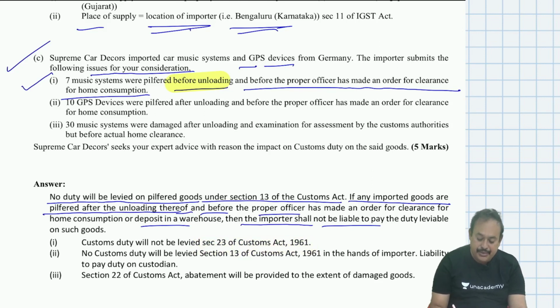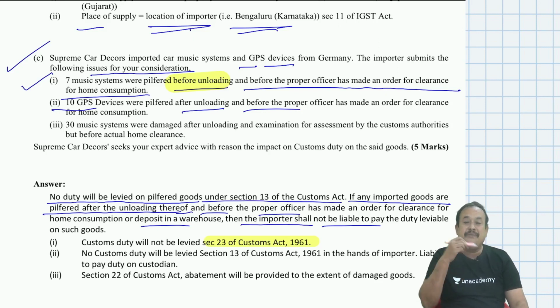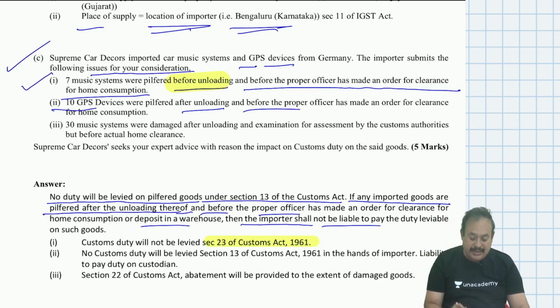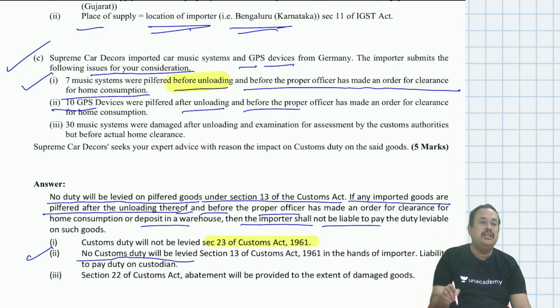In the given case, further, point number 2: 10 GPS devices were pilfered after unloading but before the proper officer made an order for clearance for home consumption. It fits perfectly under Section 13, so there is no need to pay the tax.